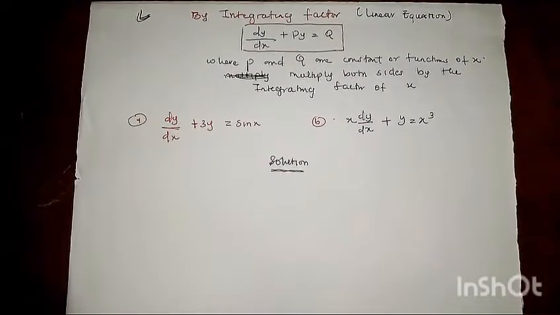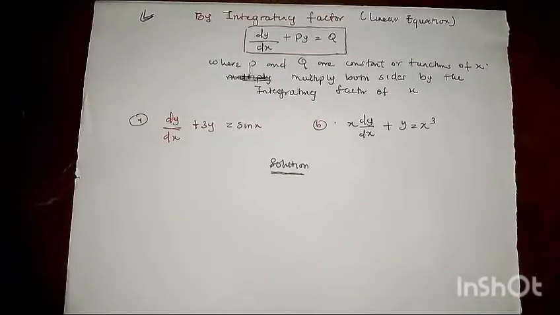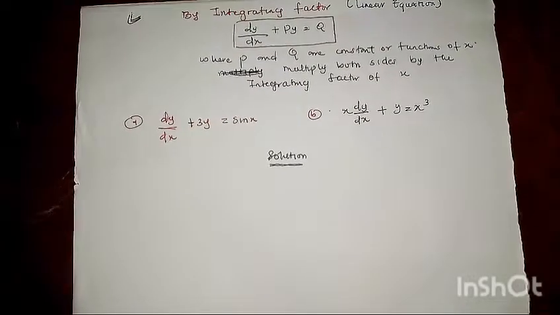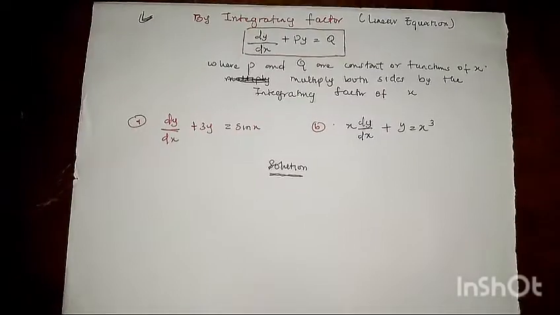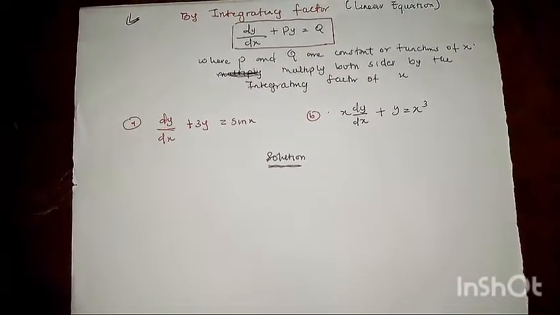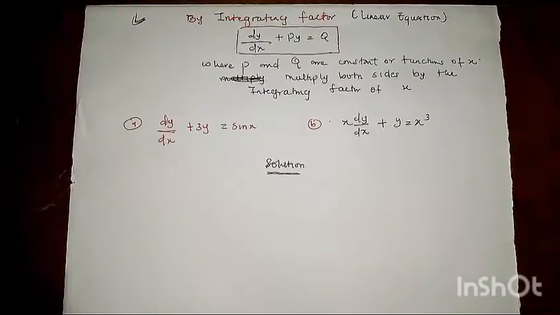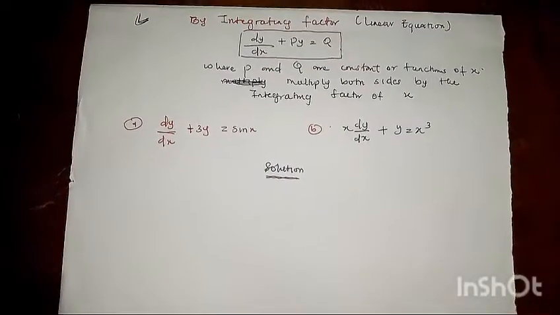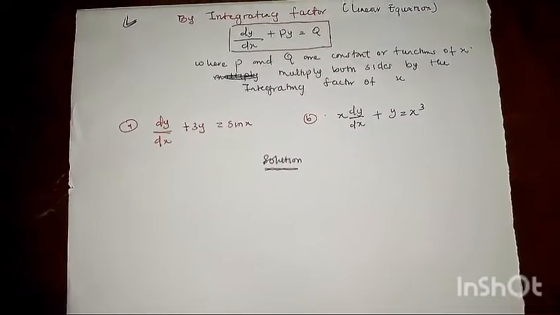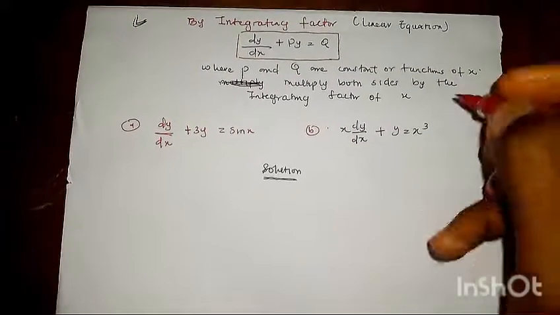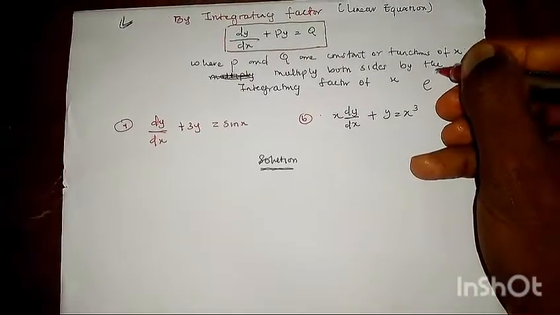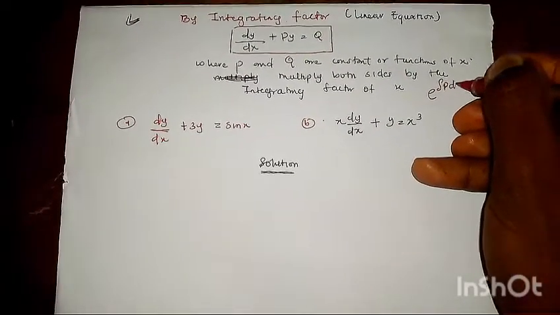What am I trying to say? To solve a linear differential equation, it is all about multiplying that equation by an integrating factor, which will be an exponential function of x. That integrating factor can be written as exponential of the integral of p dx.